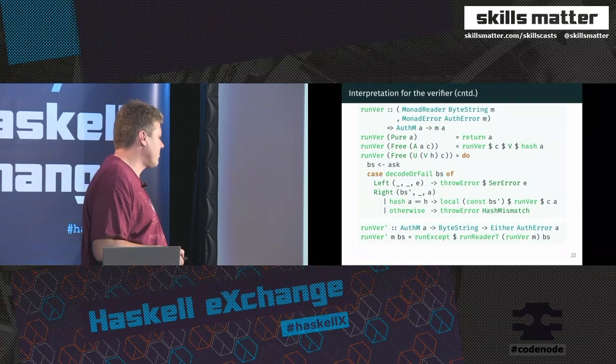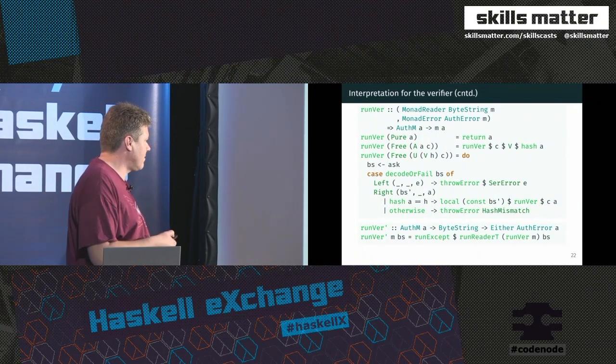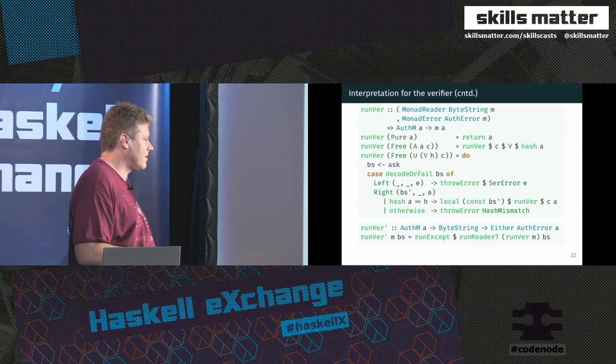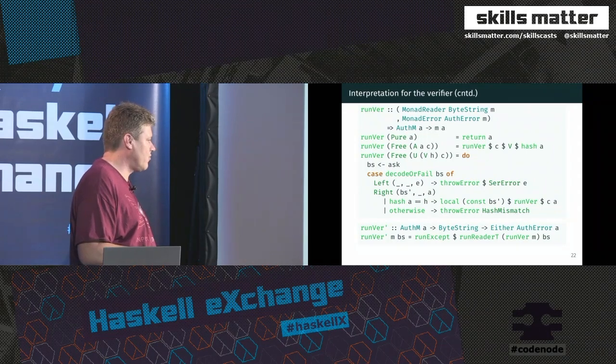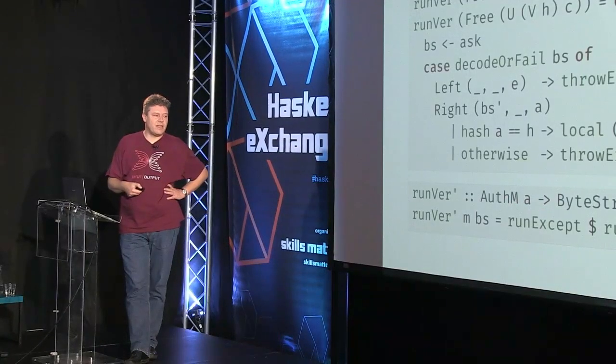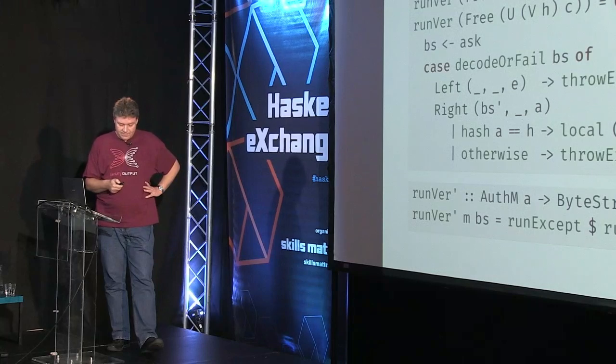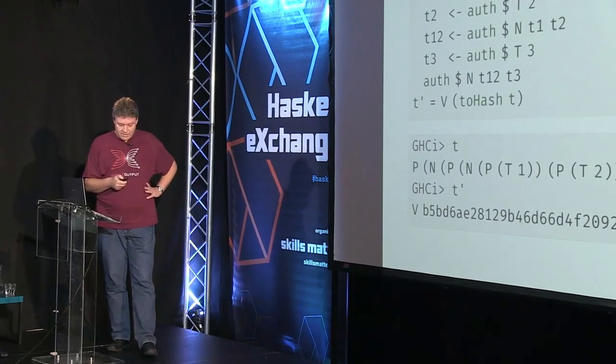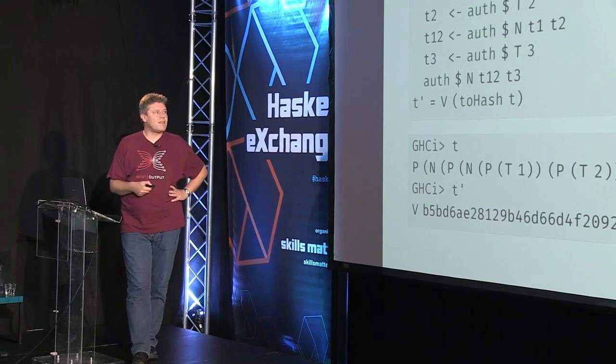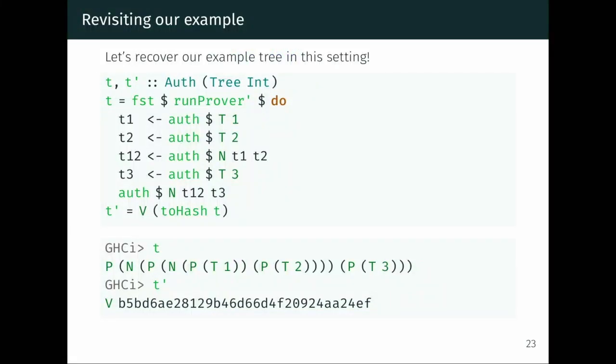Then I can also write a convenience function that just uses an either in the reader monad, so it gets the computation and the byte string, and then either returns an error or the answer. And right, to redo our example, it's now a bit nastier to build the tree, because I have to build it in this monad, but it's just noise.